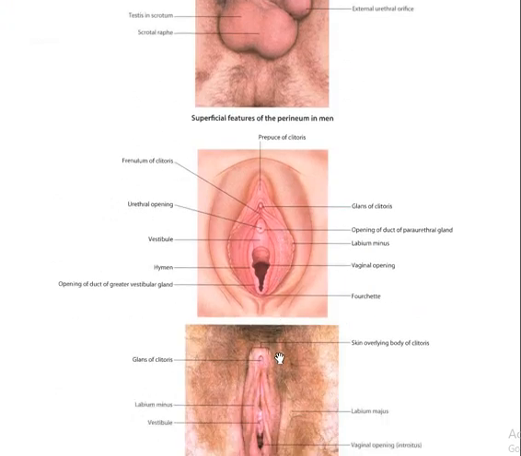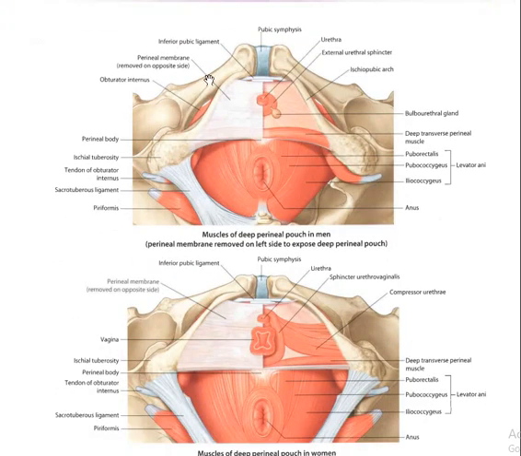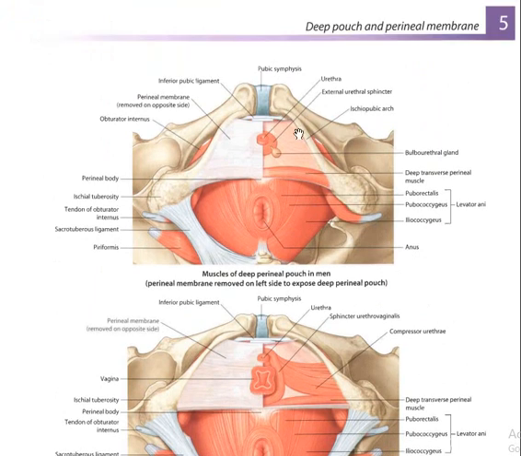So now let's visualize how the superficial and deep perineal pouch are going to be. Deeply here is the perineal membrane. We start from deep and then go to superficial. At the deep position, you are going to have the deep perineal pouch.